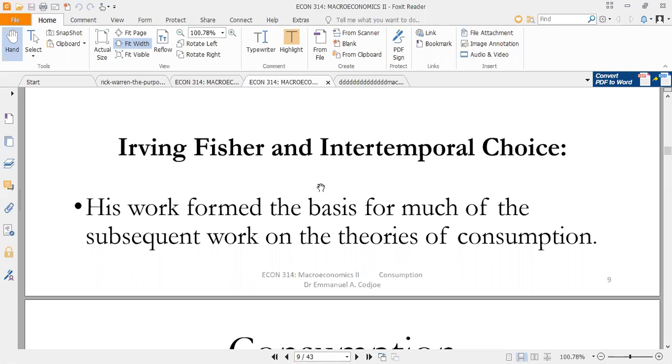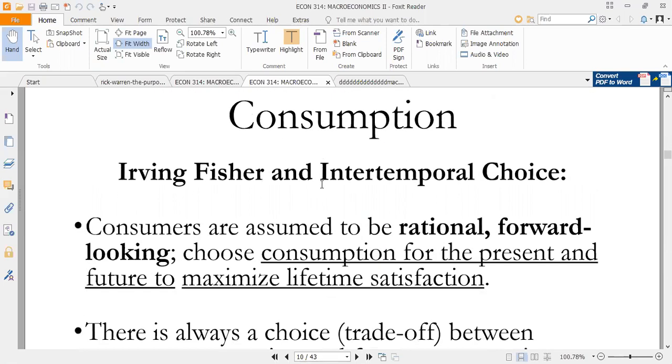It's not like whatever money I have, I'm consuming everything today, and if I sleep and I die, I die. No. This intertemporal choice involves both the present and the future, so it involves different periods of time, unlike the normal budget constraint that we know, which is just for the current period.